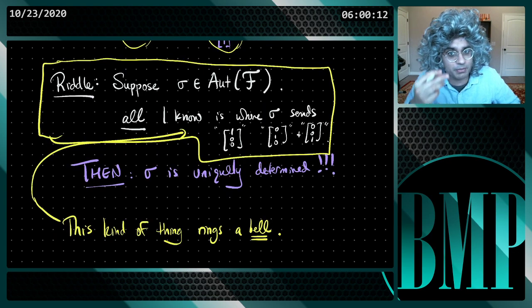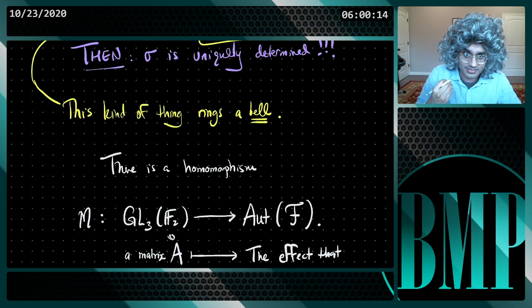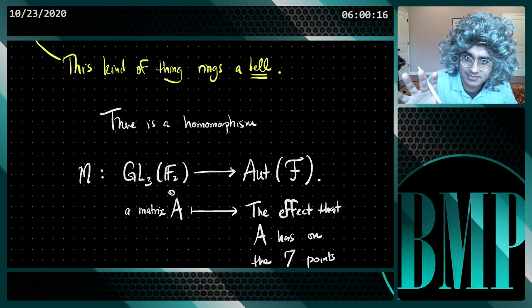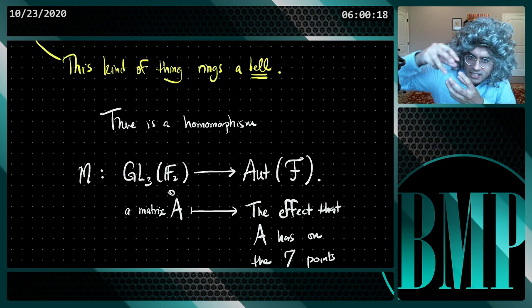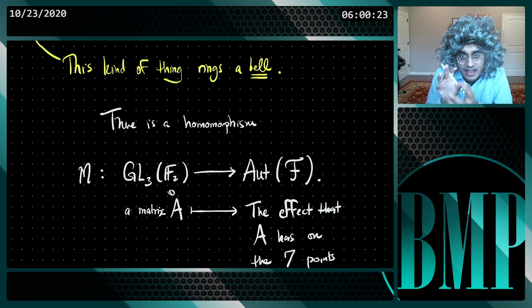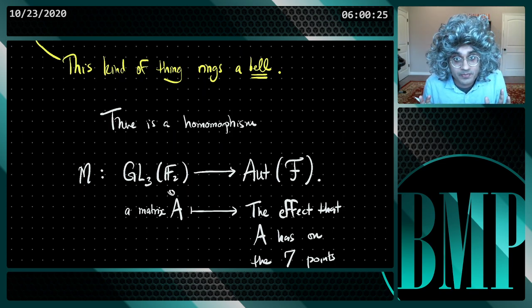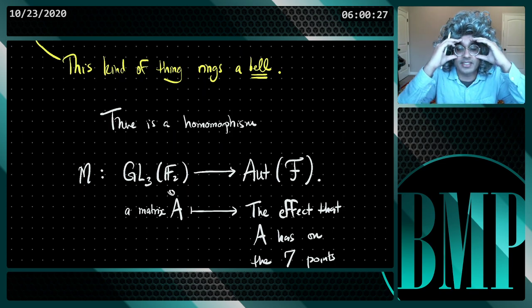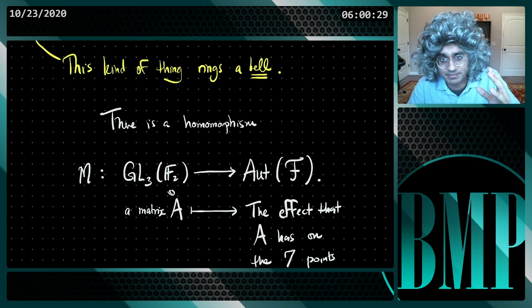The strategy is to produce within the group 7 things. The 7 things get clustered into 3s. If you map out how the clustering looks, it looks exactly like the lines in the Fano plane.